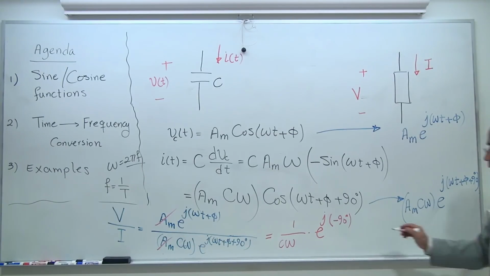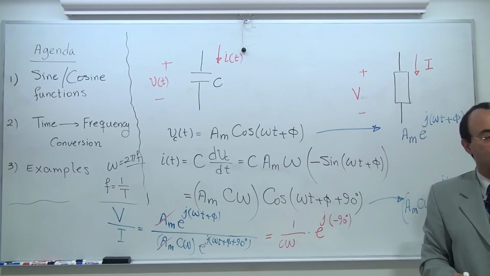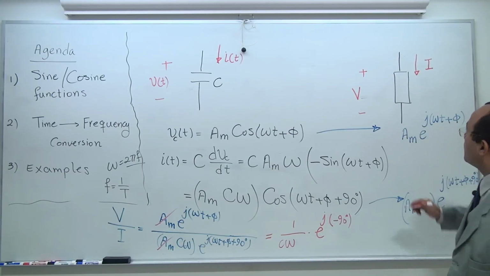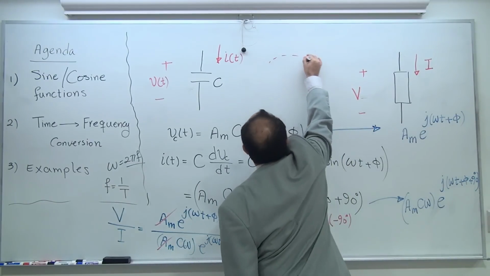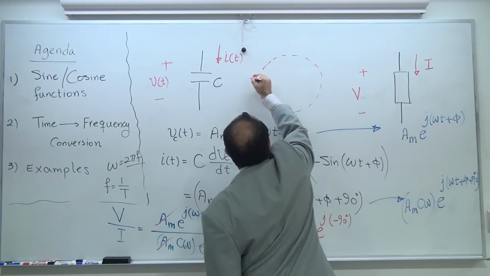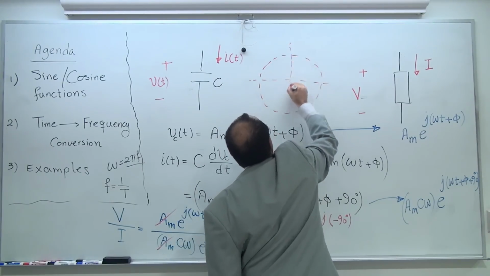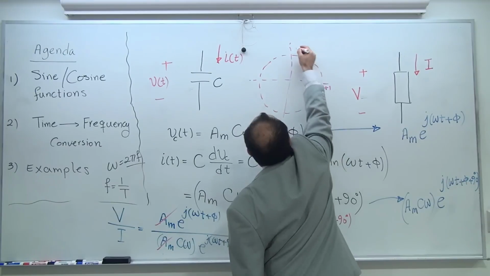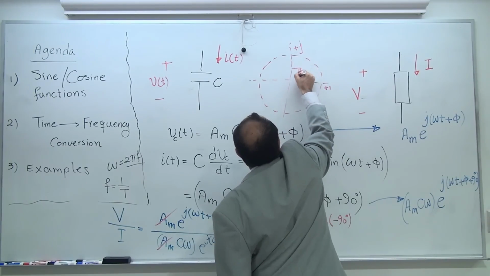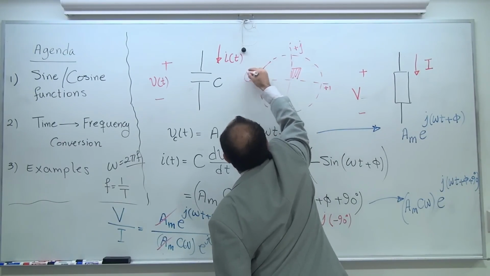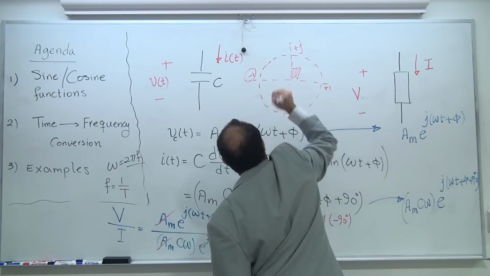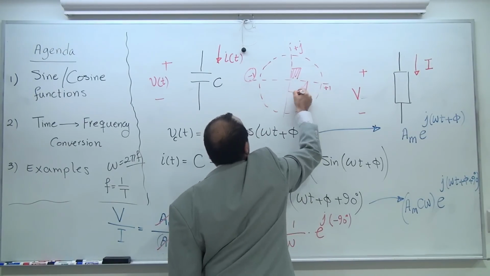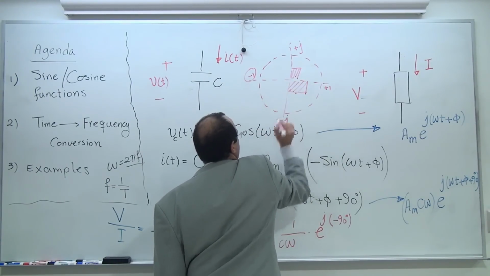Now I know what e to the power of j minus 90 degrees is. Remember my unity circle. This is 1, this is plus j for 90, this is minus 1 for 180 or minus 180, and if you go look at this one, you've got yourself minus j.